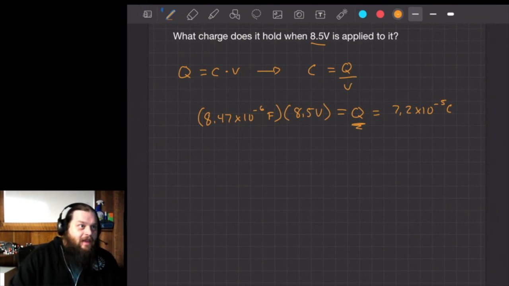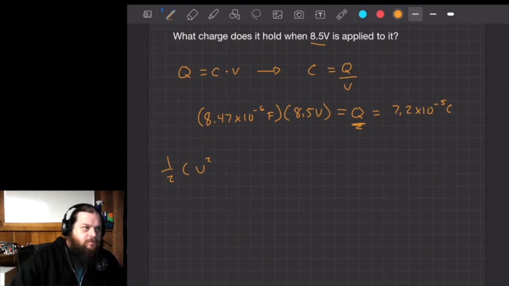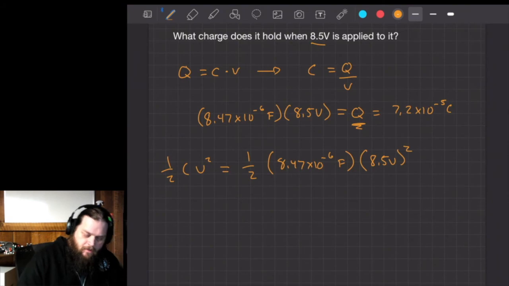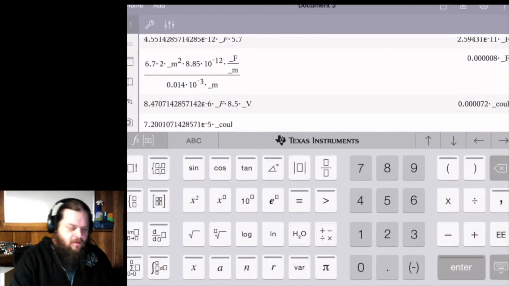If we want to calculate the energy of that, we would just have to use that 1/2 CV squared, which is just going to be equal to 1/2 times that 8.47 times 10 to the negative 6 farad times our 8.5 volts squared. We could do that calculation pretty quickly as well.